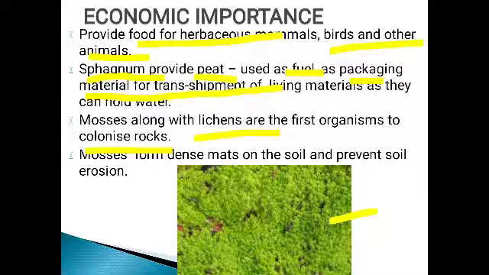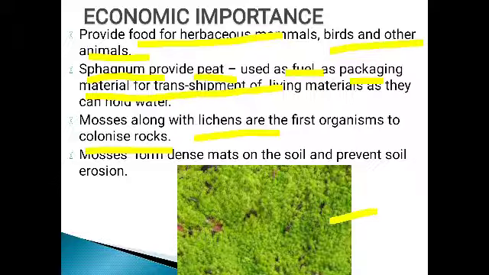First the lichens will colonize the rock, and followed by that the mosses will be there. So it is of great ecological importance. To maintain the ecological balance, this is very much essential. The mosses play an important role.